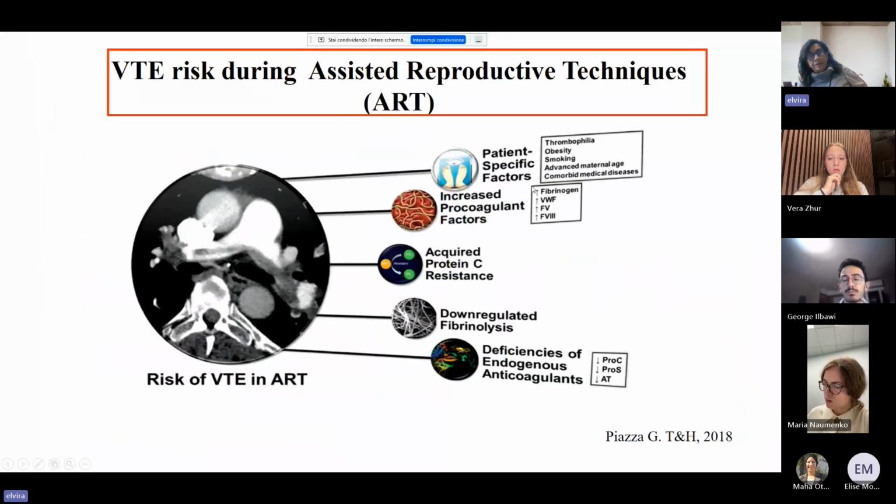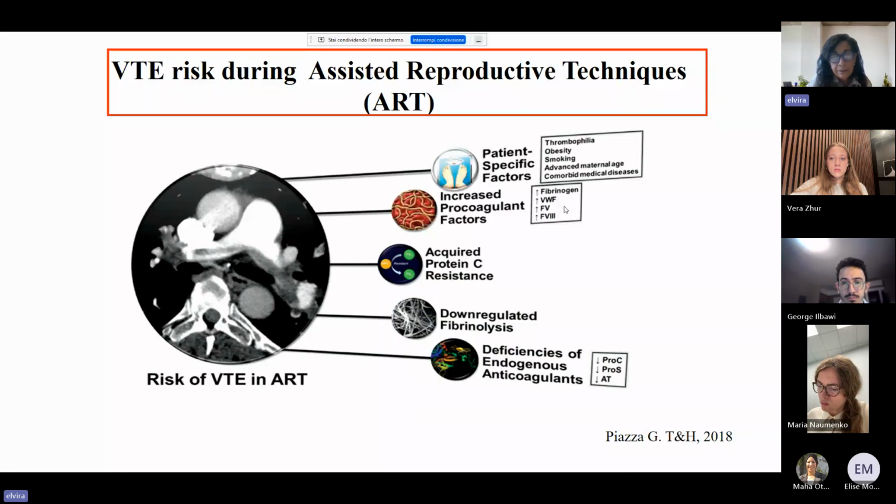During the assisted reproductive techniques, we have some modification regarding the coagulation activity. For instance, we have an increase of fibrinogen, von Willebrand factor, factor 8, and factor 5. And this is more or less what we can see during contraception with estrogen and progestin pills.